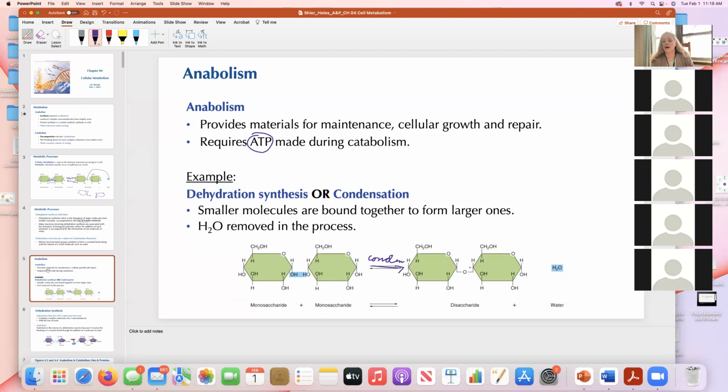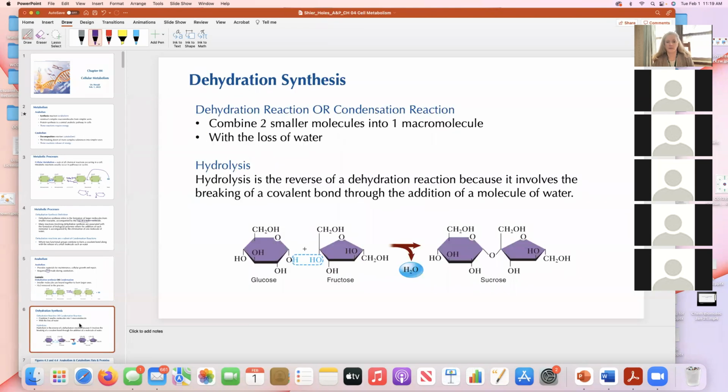And a new bond forms between them. So now they are a bigger molecule storing more energy, particularly in this new bond. And we have water removed, water as our side product, okay? Again, dehydration synthesis, condensation reaction, same thing, okay? Just two different words for the same thing.